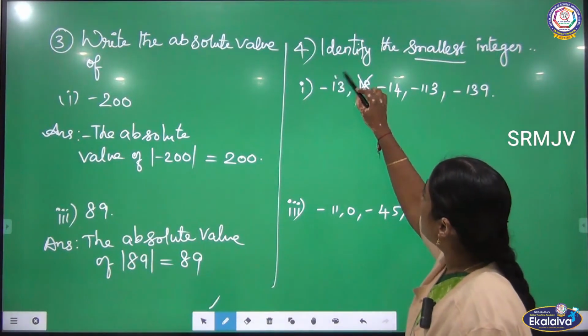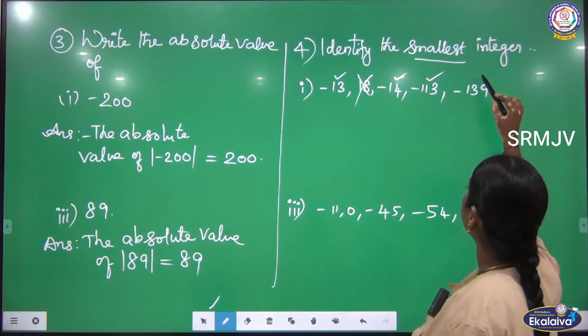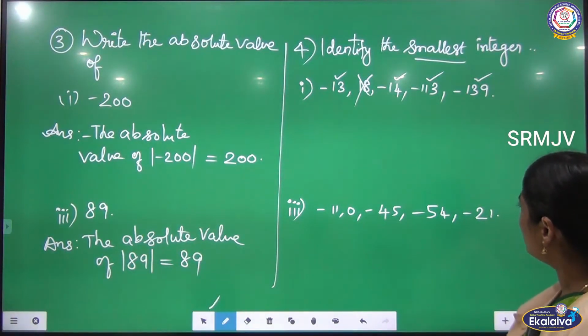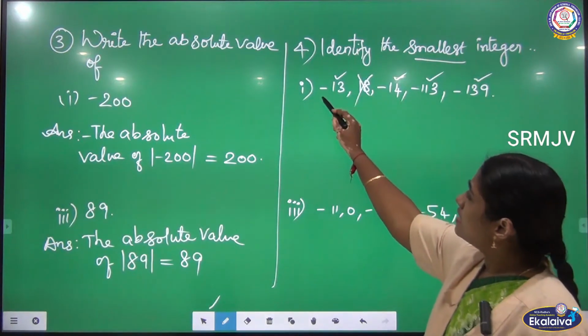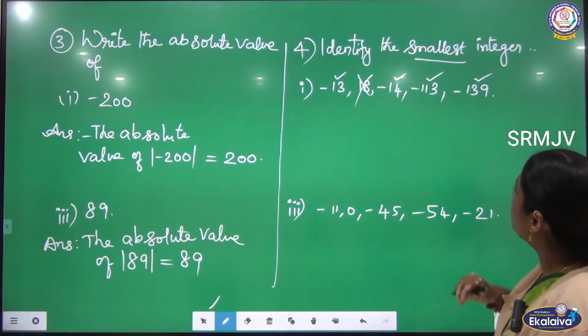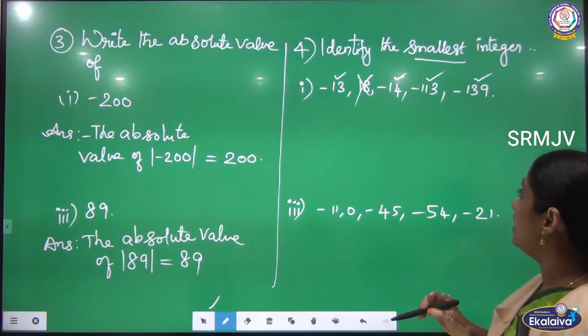So you are going to compare this minus 13 or minus 14 or minus 113 or minus 139. So listen, which is the smallest one here? Is it minus 13 or minus 14, minus 113 or minus 139?